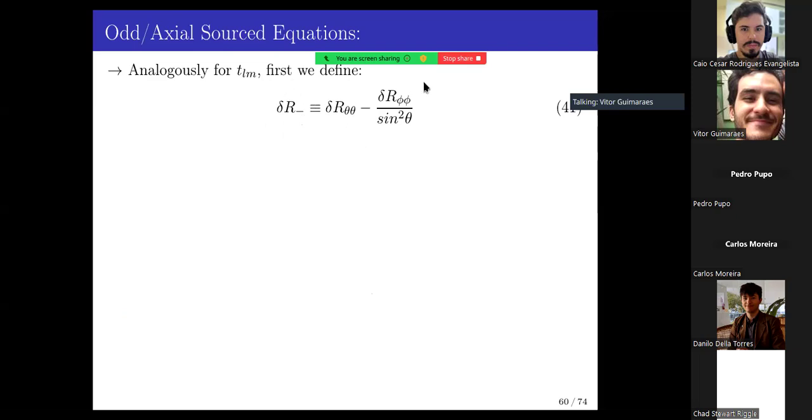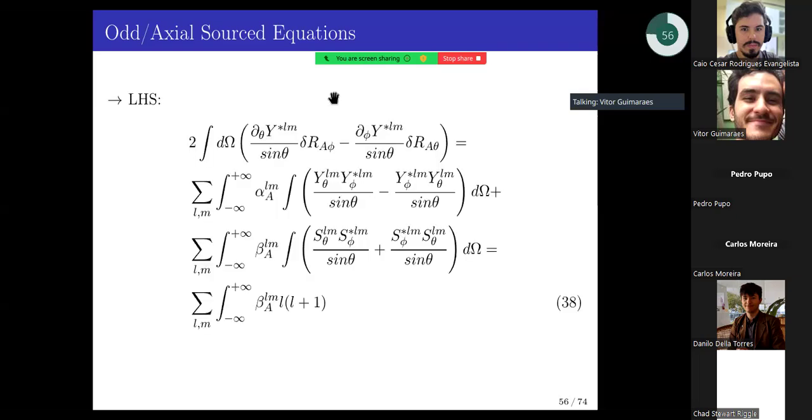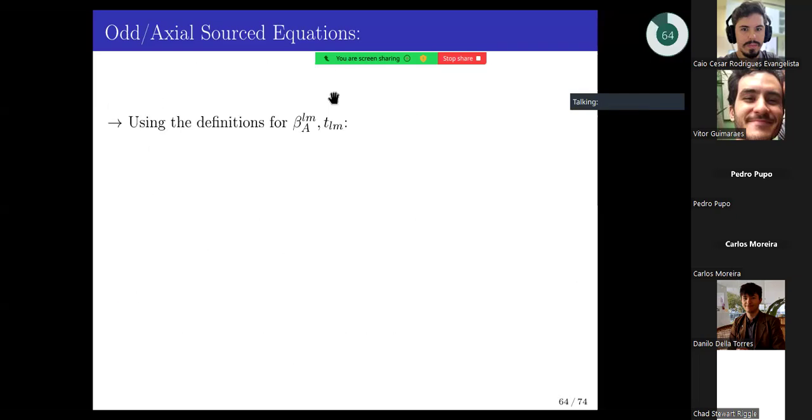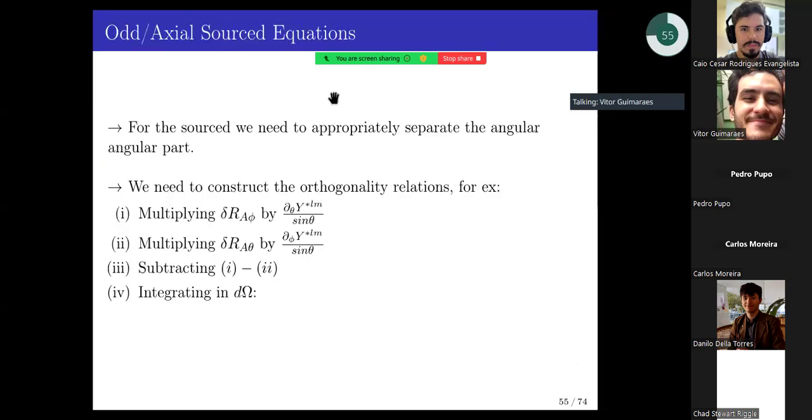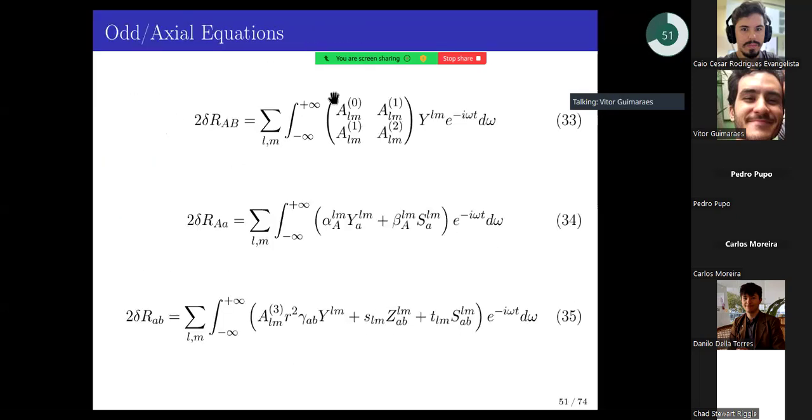If we do this combination, so we come back here. I'm sorry, I'm going ahead instead of back here. So look, you see that T is in this quadrant, right? Of the perturbed Ricci tensor, right?